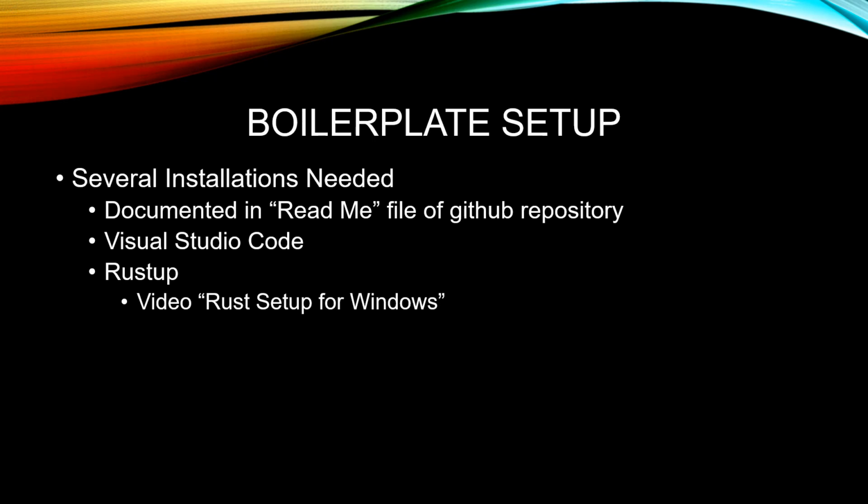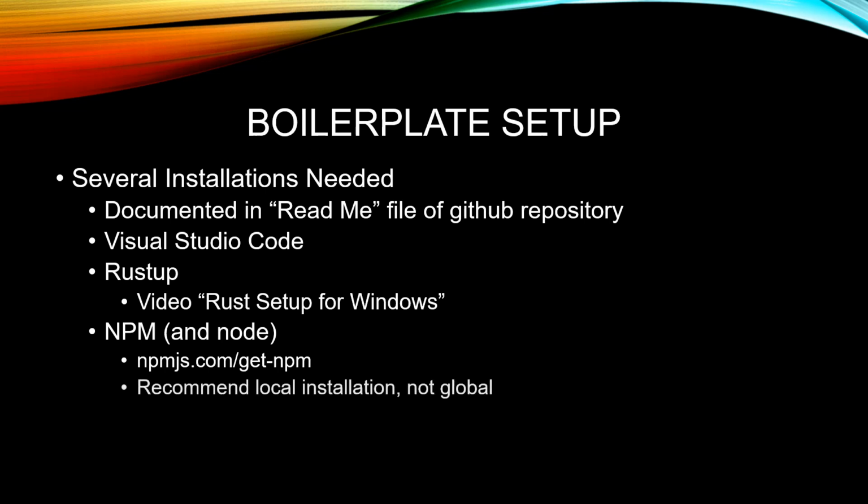Since we'll be doing web development, we'll need npm. This is similar to cargo for Rust, except it's for web packages. If you don't have that, you can download it from npmjs.com/get-npm. It will install both npm as well as Node. I recommend you do a local installation, not globally, but either will work. Just follow their instructions.